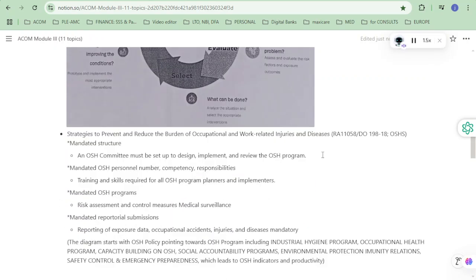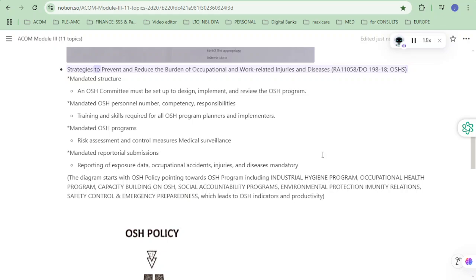ASCII. Alt. Strategies to prevent and reduce the burden of occupational and work-related injuries and diseases, RA 11058/DO 198-18, OSHS. Asterisk mandated structure. An OSH committee must be set up to design, implement, and review the OSH program.